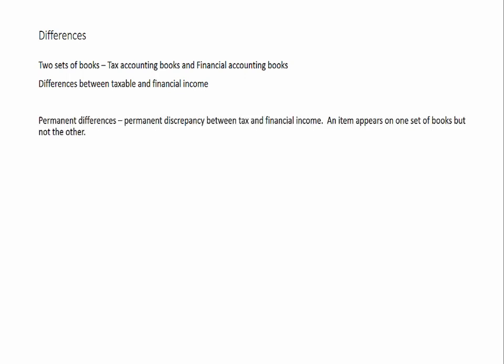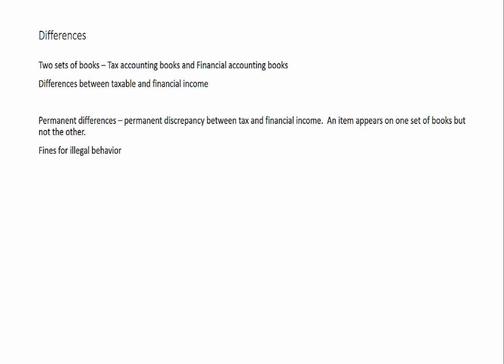Now, differences can be defined along a number of dimensions. The first distinction is that some differences are permanent. These are a permanent discrepancy between tax and financial income. An item appears in one set of books but not in the other. Examples could be fines for illegal behavior.